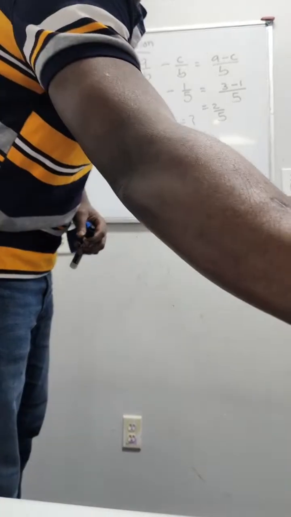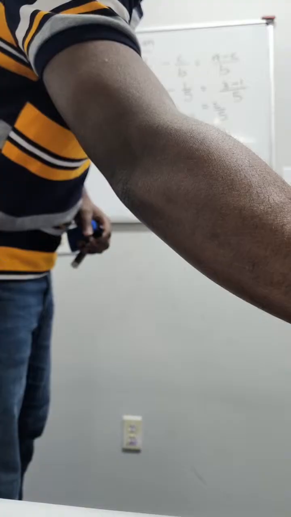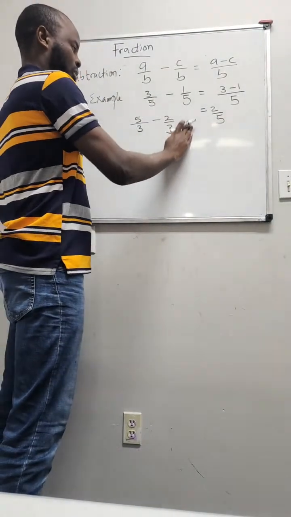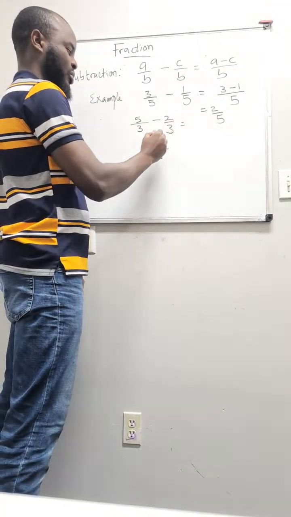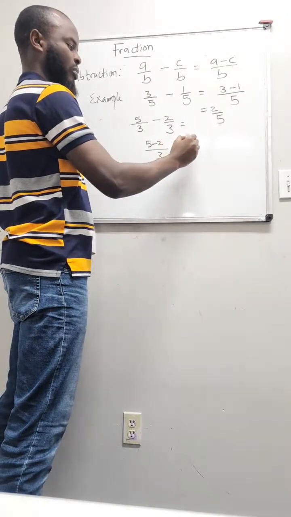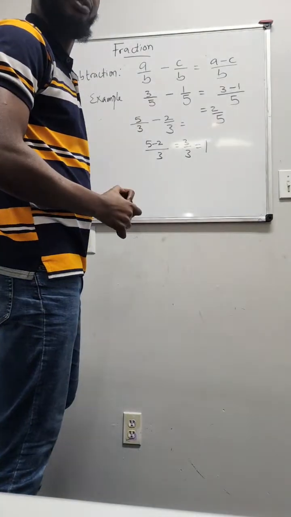What is the answer to that? Perfect. 1. Yeah, good. So here we have the same denominator of 3, and here we have 5 minus 2, which is 3 over 3, which is 1. Good. Thank you for following me.